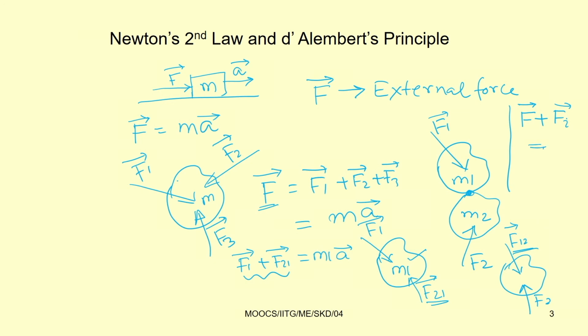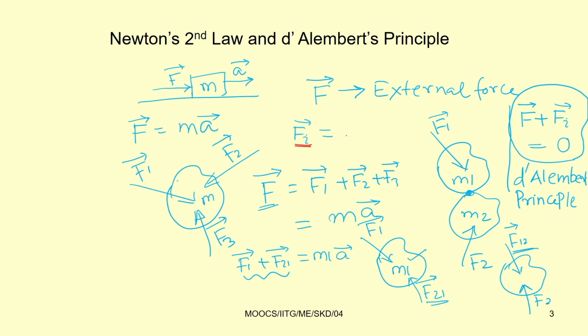This is the equation of motion, or the D'Alembert principle. In D'Alembert principle, the external force plus the inertia force equal to 0. So, what is the inertia force? Fi is the inertia force.